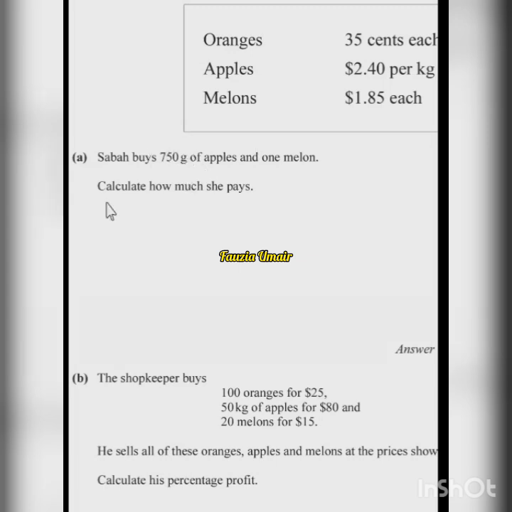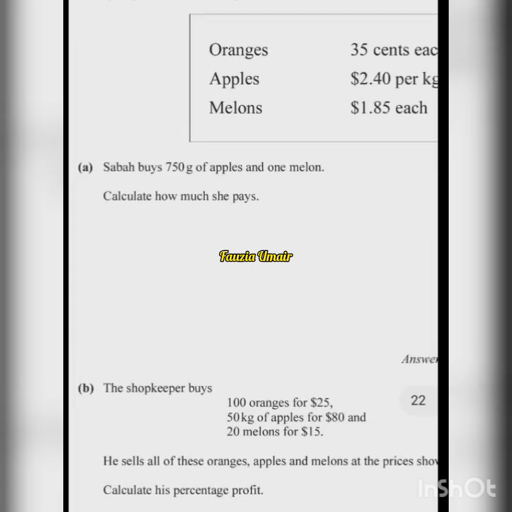You can do it in many ways. I'm writing here. One way is like Shahir is saying: we need to find out 75% of 2.4. Why 75? Because 750 gram is 75% of 1 kg.